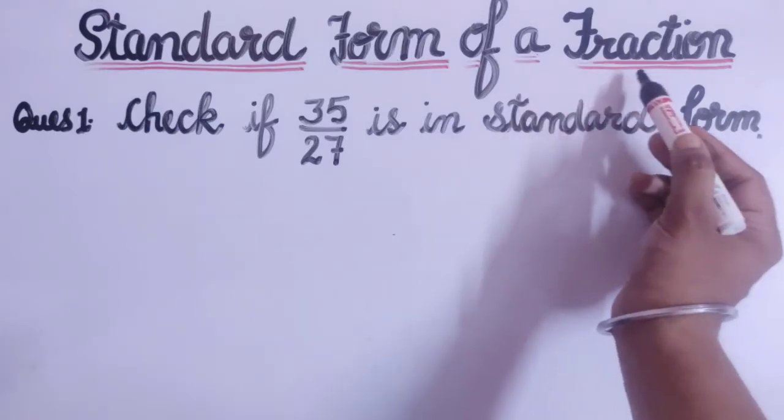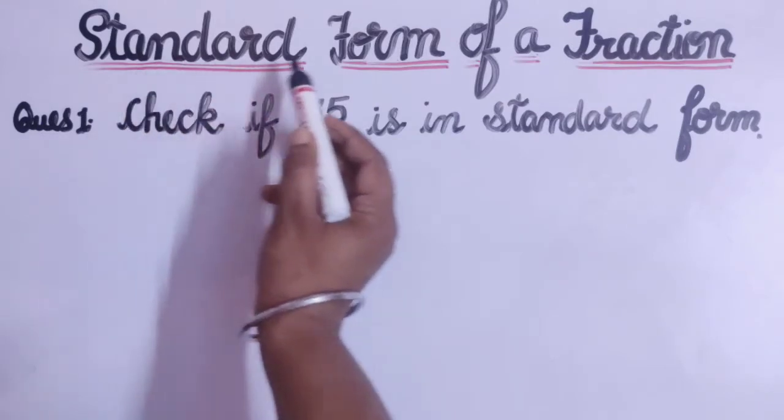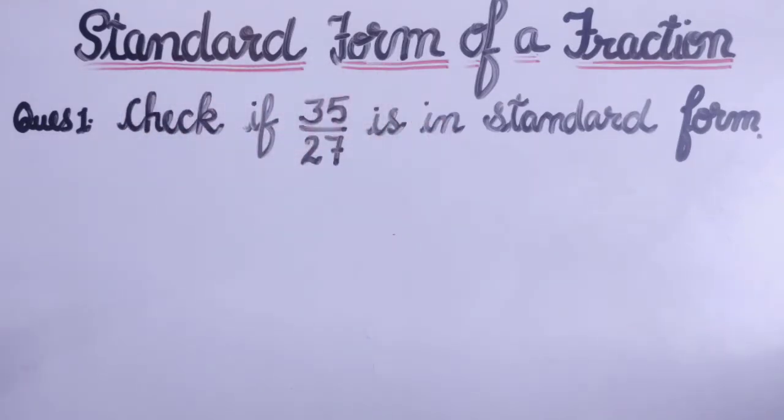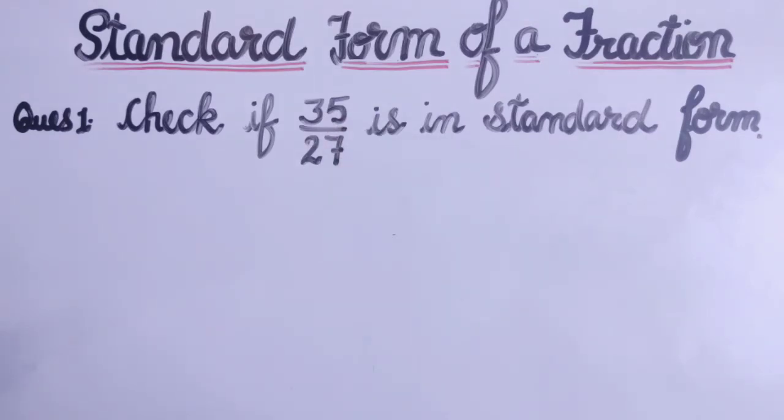Students, a fraction is said to be in the lowest form, simplest form or in standard form if the numerator and denominator of the fraction do not have any common factor other than 1, or if we say it in the simplest way, if the HCF of numerator and denominator is 1, then we can say that yes, the given fraction is in standard form or in simplest form.